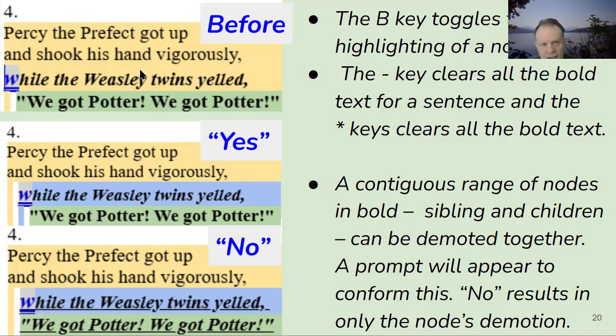So for example, if this is what we have in the beginning and we press D, we've got two clauses which are in bold: while the Weasley twins yelled, and we got Potter. If we type D, we've got a choice, yes or no. Yes will mean both the while Weasley twins clause and its subclause, we got Potter, will be demoted together.